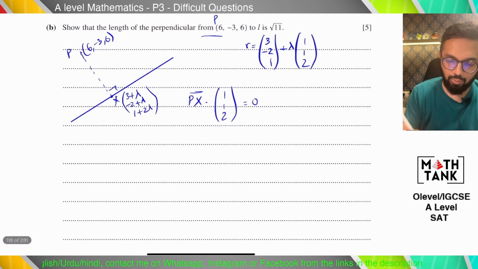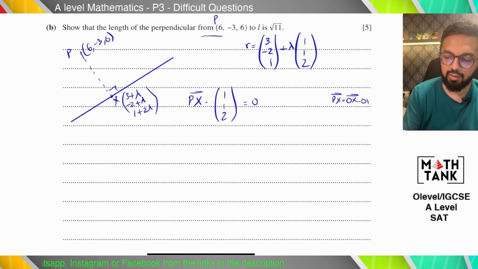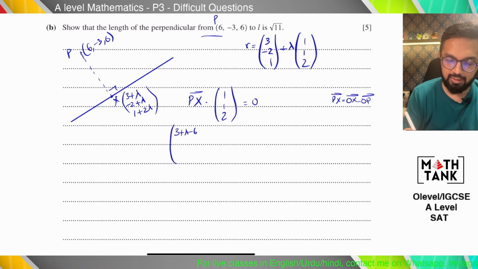What is PX? It's OX minus OP. Okay, I can do that directly. OX is basically the coordinate of X, and OP is the coordinate of P. So OX minus OP gives me 3 plus lambda minus 6, minus 2 plus lambda plus 3 and 1 plus 2 lambda minus 6, dot 1, 1, 2.